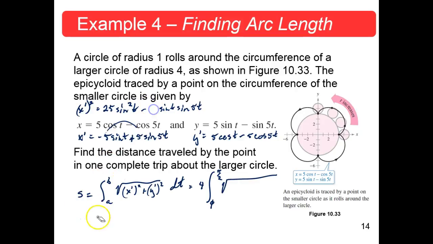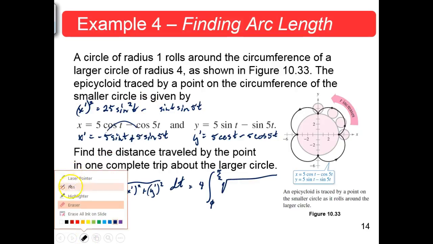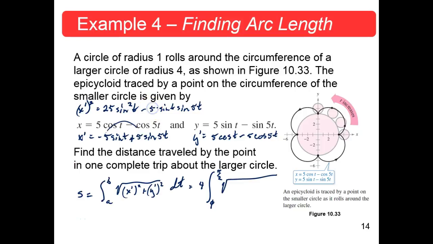So we'll make that a 50 sine t sine 5t. And then the last term is plus 25 sine squared 5t. Is that what I heard you planning to do? You agree with that? All right.